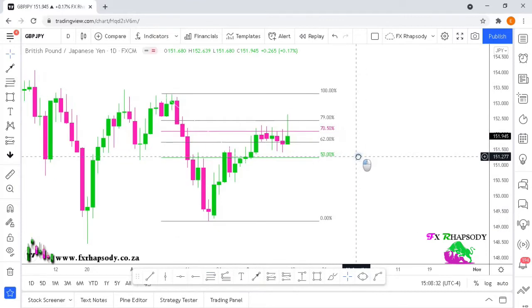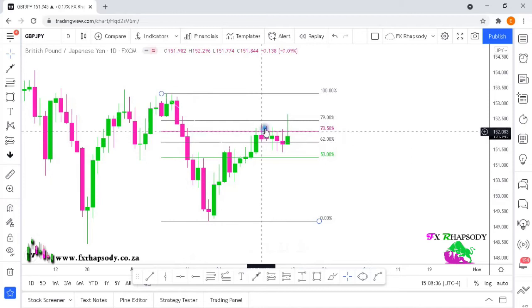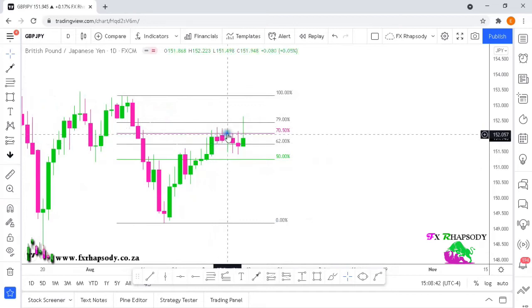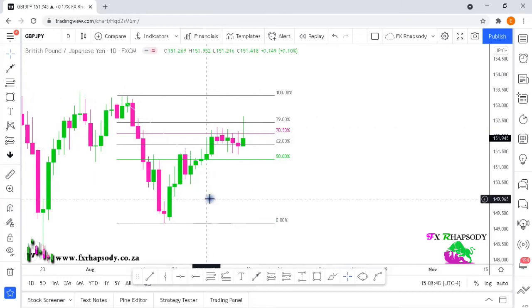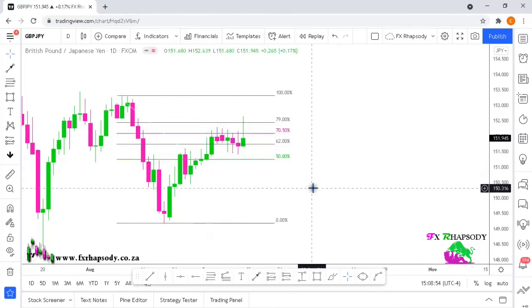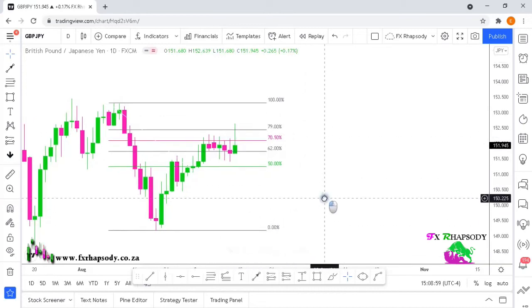Basically, price came down, it retraced up to the 79 or 70%. Price was just in consolidation around the 70.5%, or between the 62 and the 70.5%, and it has not been moving. I think it was basically the whole week in this consolidation phase. I was just sitting on my hands waiting for the sell to happen. But again, it did not happen.